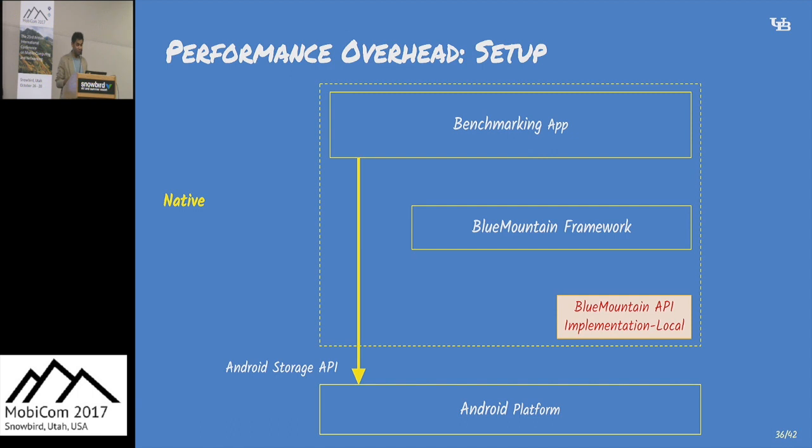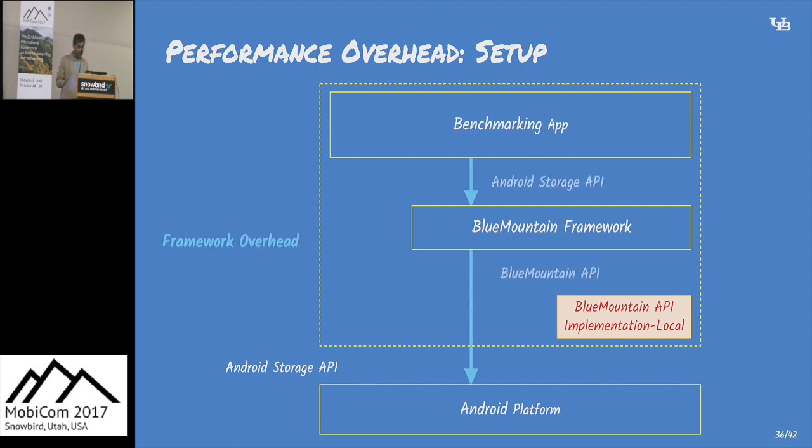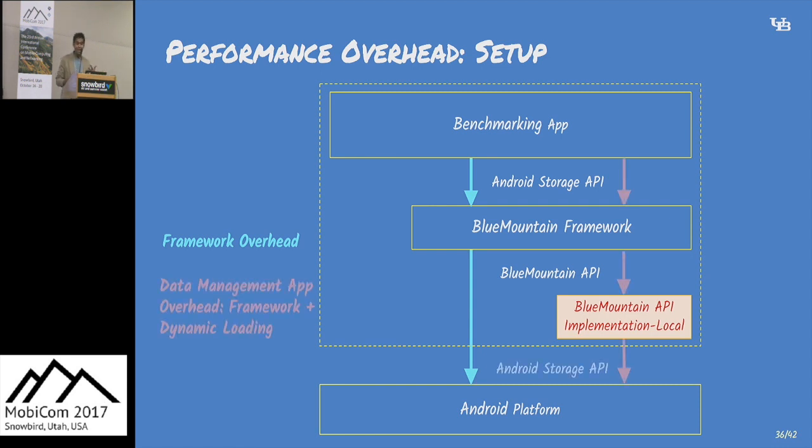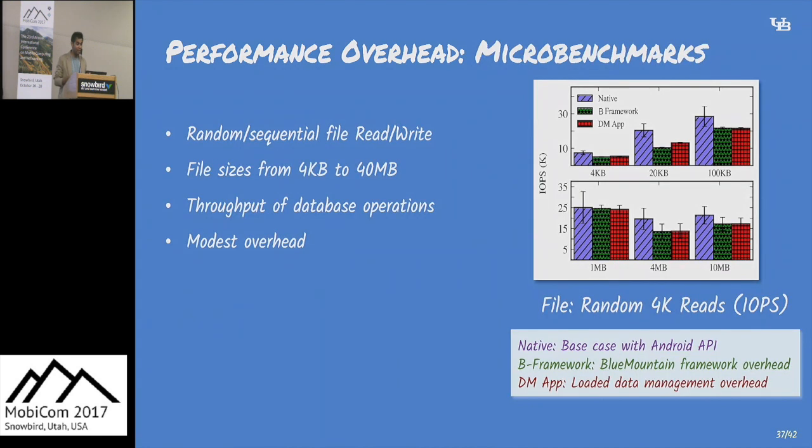We measure the overhead of our framework by allowing the storage calls to pass through our translation layer, but instead of routing the calls to the loaded data management app, we make the I/O calls directly from the framework. We call this the framework overhead. Lastly, we use a basic data management app which uses a local-only storage and route all the storage calls through it. This overhead also includes the overhead due to dynamic loading and reflection. We call this the data management app overhead.